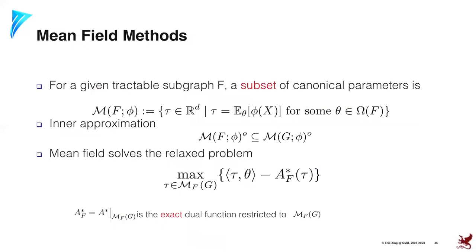Then we consider a subset of canonical parameters like this, and we use an inner approximation, which means that this M_F(phi) is a subset of this M_G(phi). So we use the inner, that's why we say it's an inner approximation.